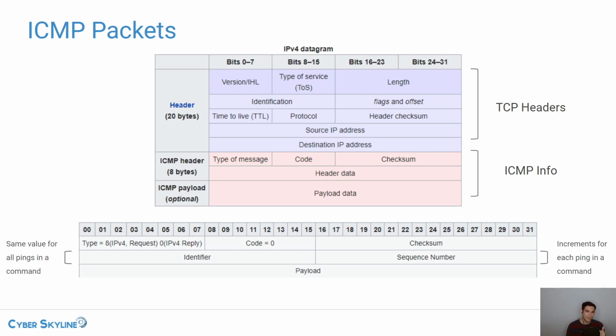Remember, I mentioned that ICMP uses TCP. So when we send our packet over the internet, this TCP information is necessary to ensure delivery of our message. And then the bottom portion, this red portion, is the ICMP information. That's the actual substance of what we're sending with the ICMP protocol.